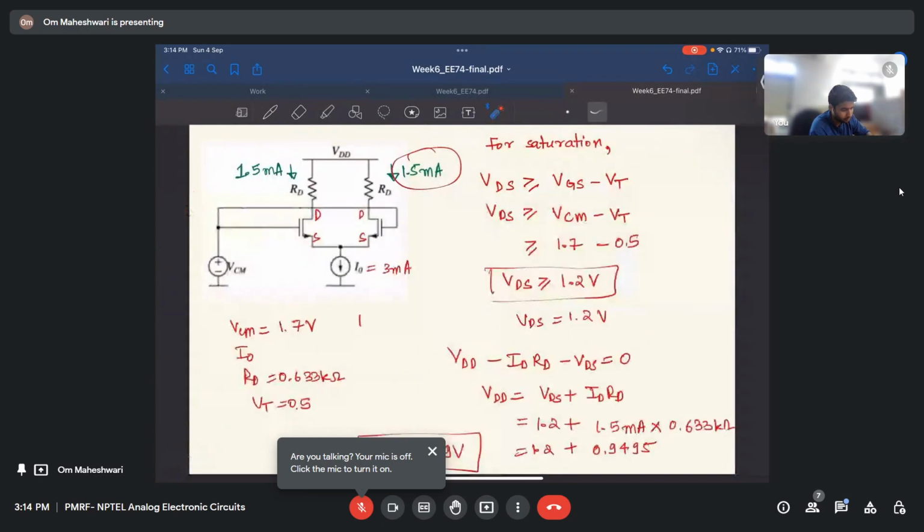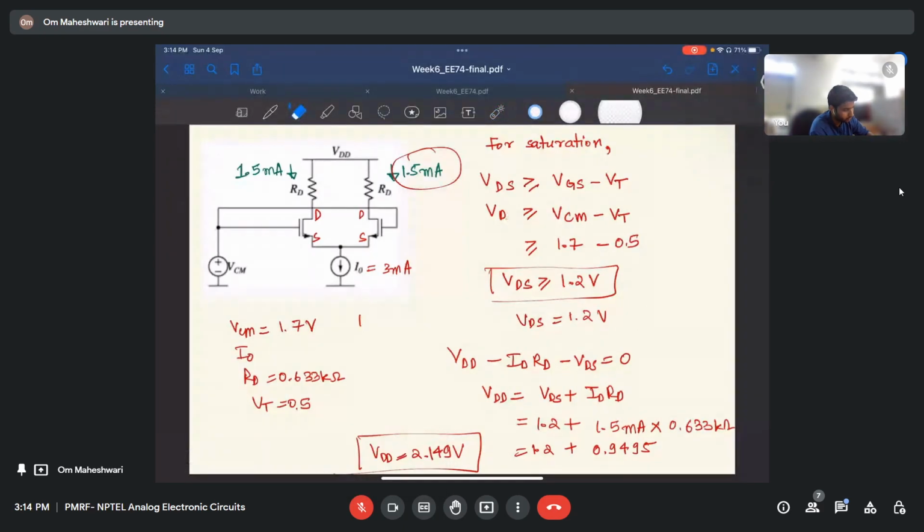Let me clear it. I'll write VD. You are right, we cannot assume it to be zero. I was confused. It will be zero for the AC case because this is an ideal current source. It will not allow any change of small signal current here. So for AC it will be a ground, but not for DC. You are right.